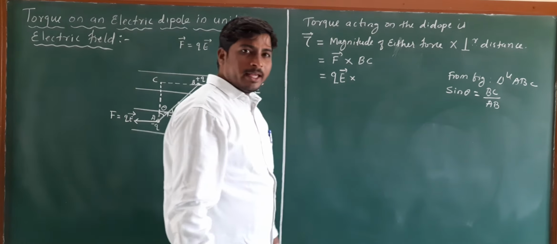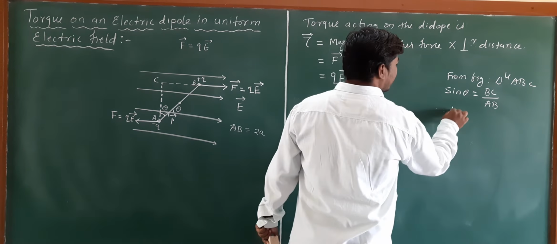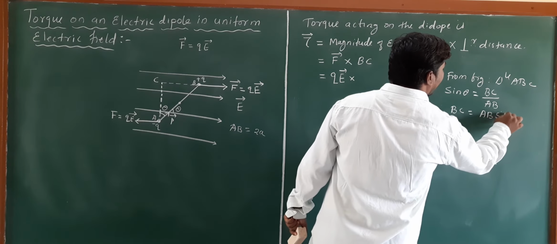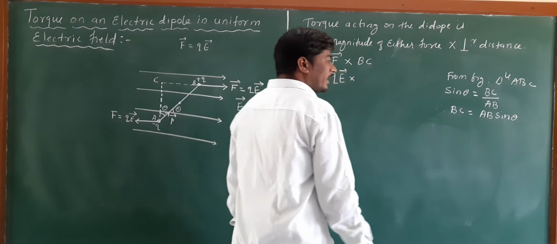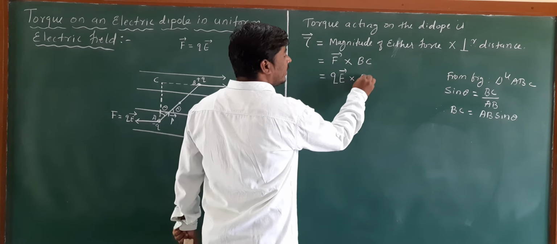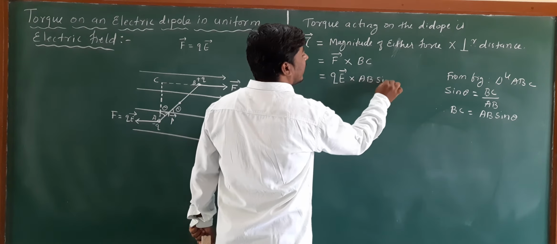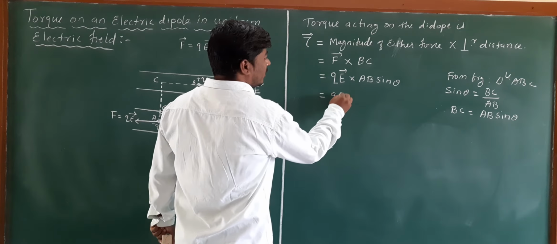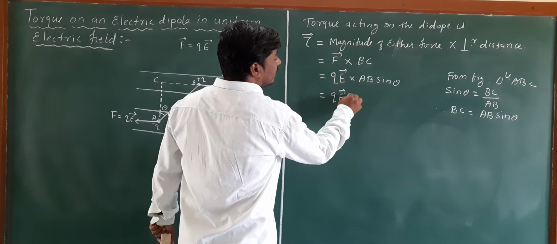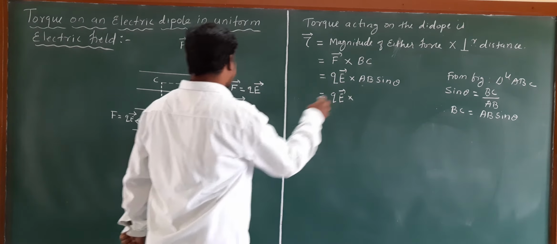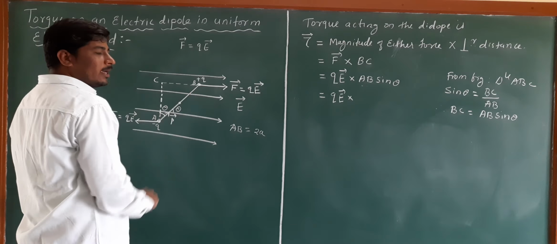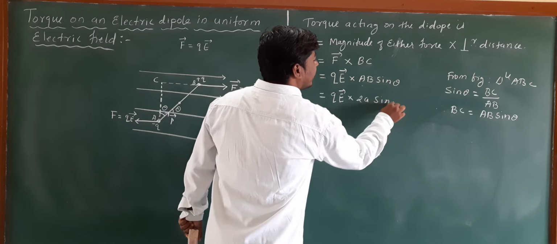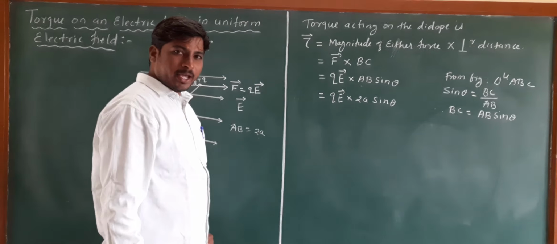Therefore, BC is equal to AB sin theta. So it is Q into E into AB. AB is the dipole length, that is 2A. So it is 2A sin theta.